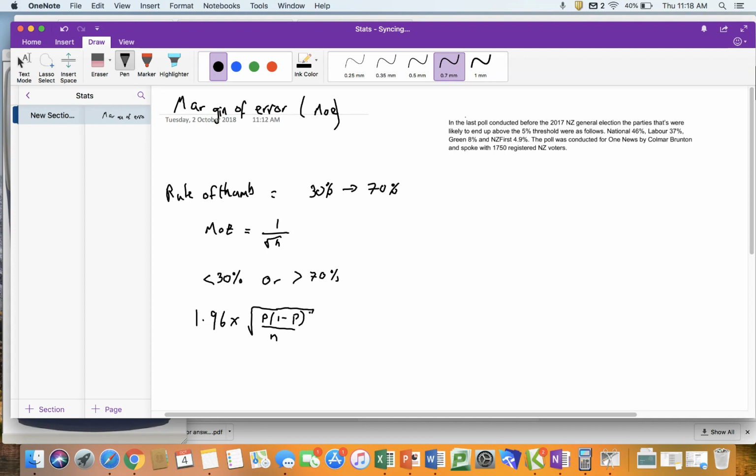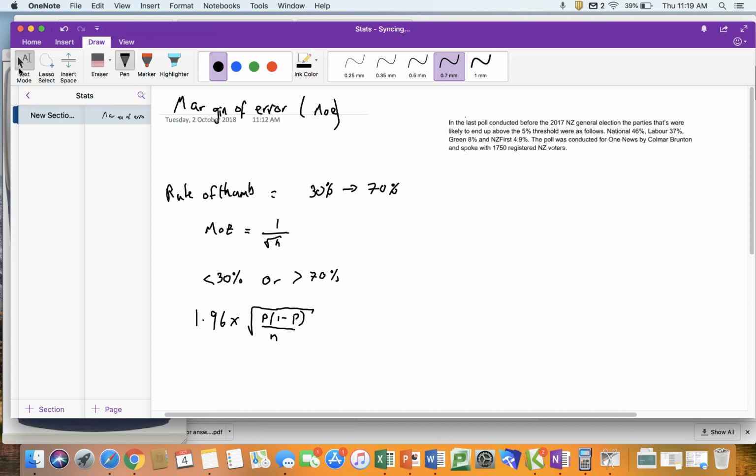Now, these two equations are linked, because if I do some simplifications, I make p a half, and I say 1.96 is so close to 2, I might as well treat it as 2, then this formula becomes that formula. And one of the key things is, if I assume that p is a half, that's why it only works between 30 and 70%.